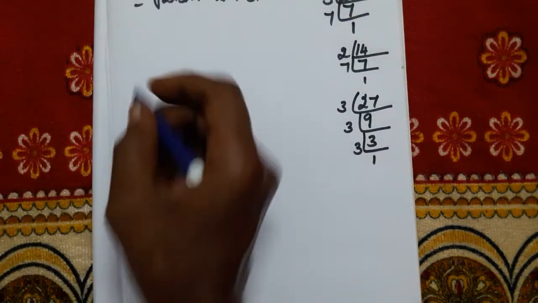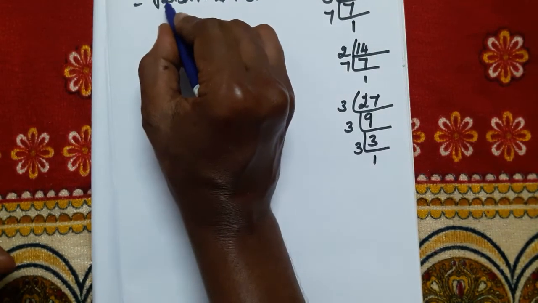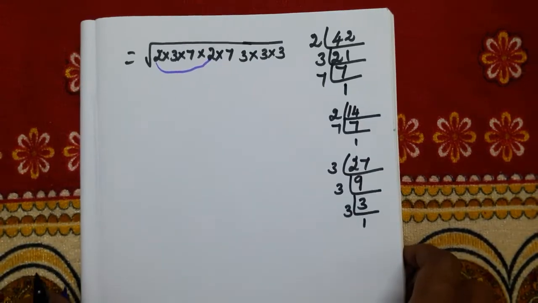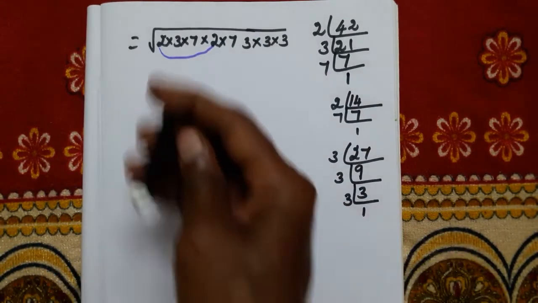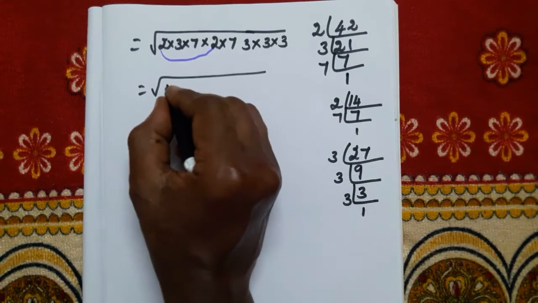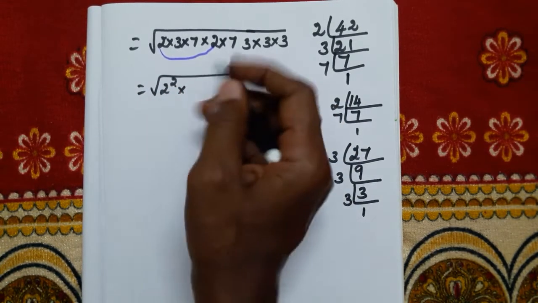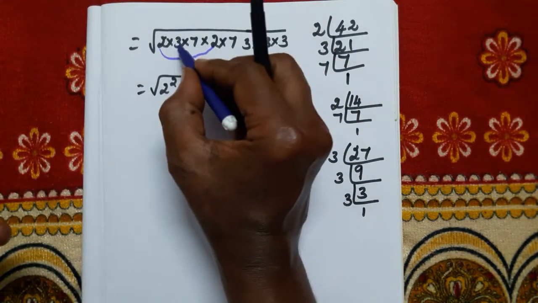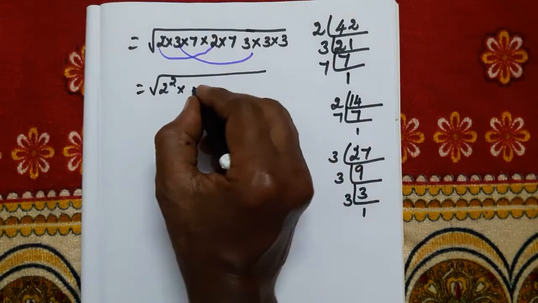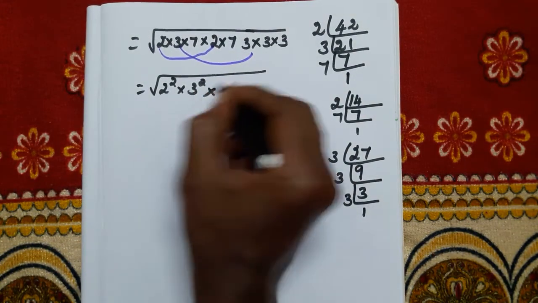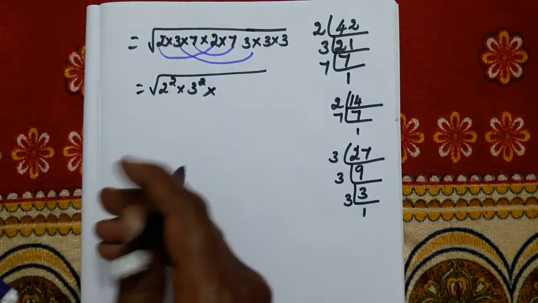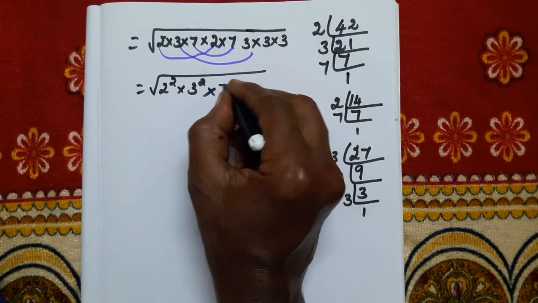Now we have to take the pair numbers together. 2 into 2, what can we write? 2 square. 3 into 3, 3 square. 7 into 7, 7 square.